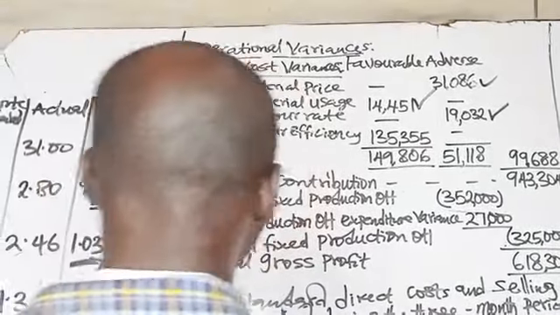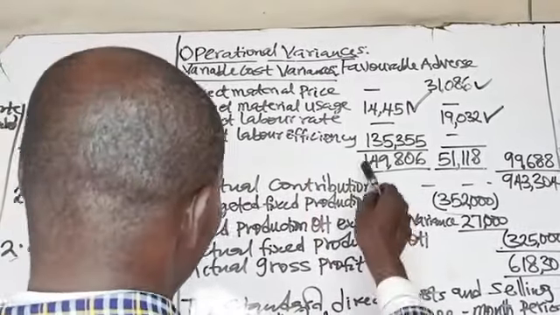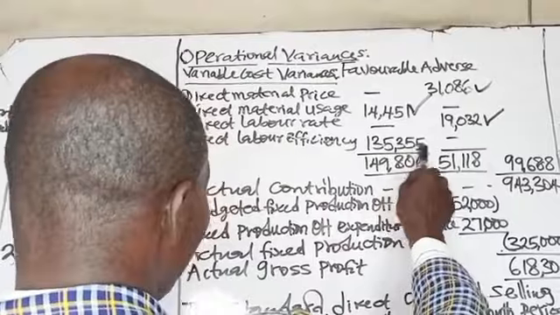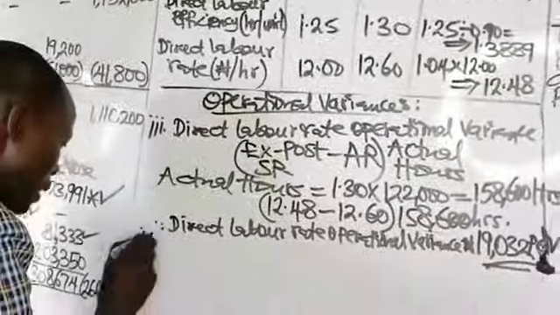So the last operational variance we want to examine is direct labor efficiency operational variance. How they arrive at 135,355. Direct labor, number 4.